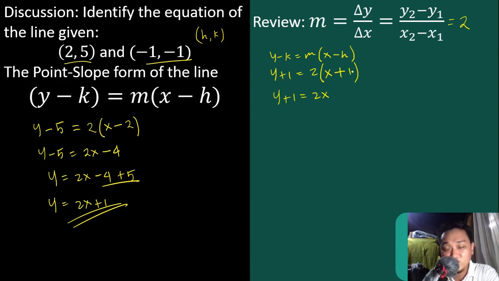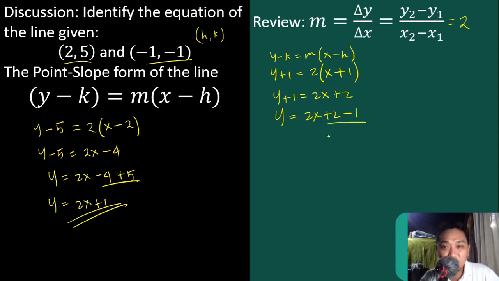And 2 times 1 is 2 plus 2. Now, we can transpose positive 1. So, we have y is equivalent to 2x plus 2 minus 1. Ayan, na-transpose po. At pag na-transpose, syempre, magpapalit siya ng sign.